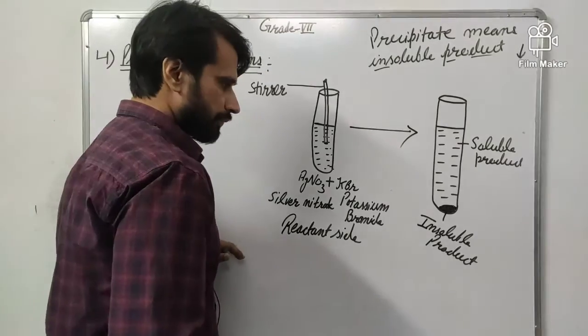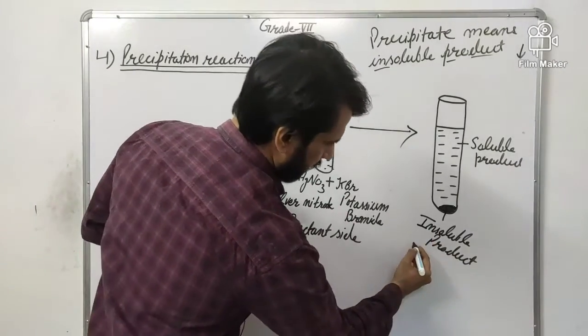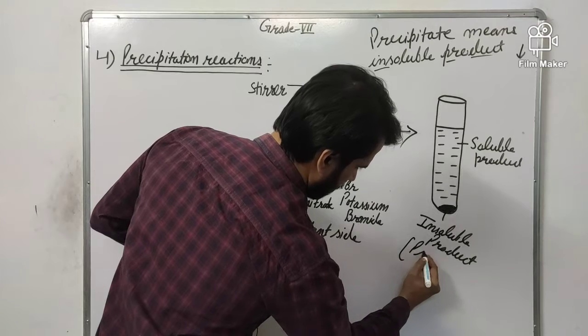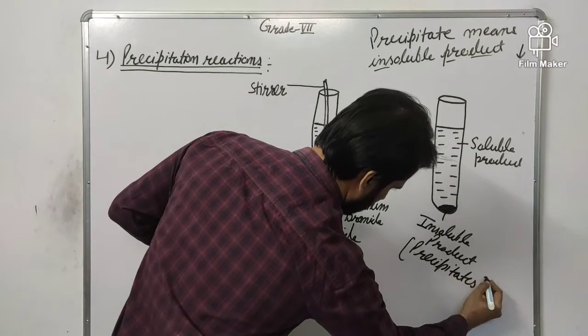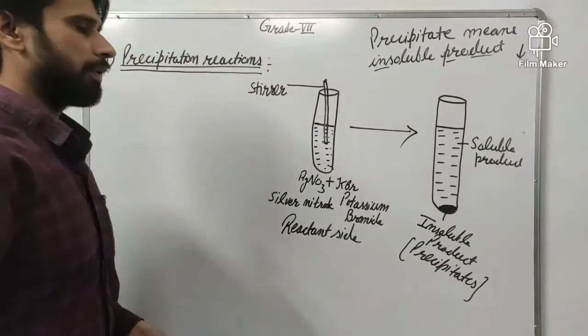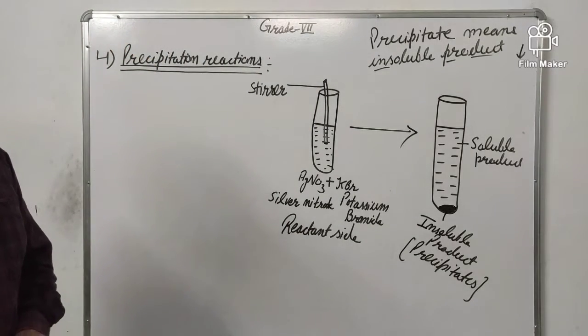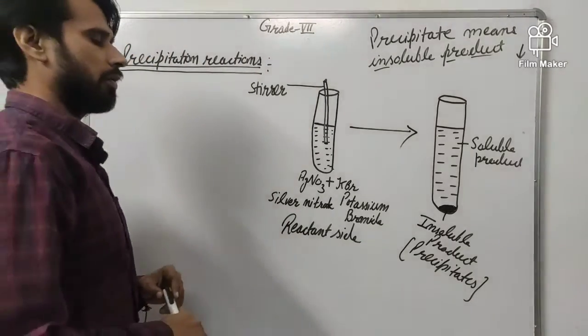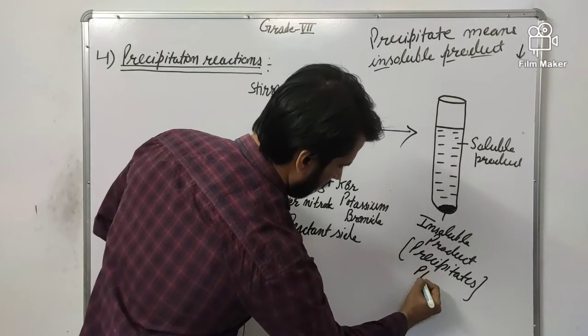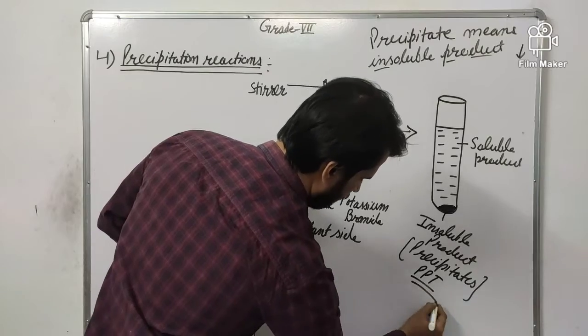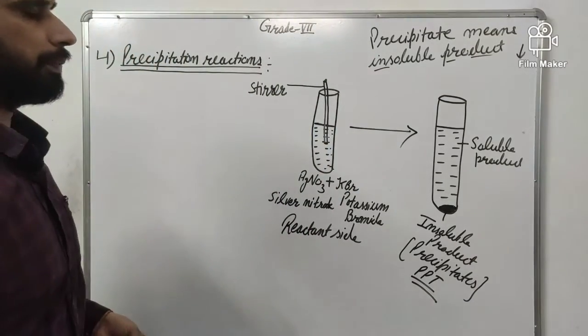The insoluble product is called a precipitate. In any chemical reaction, the product which is insoluble in solution is called a precipitate, or in short form, PPT.